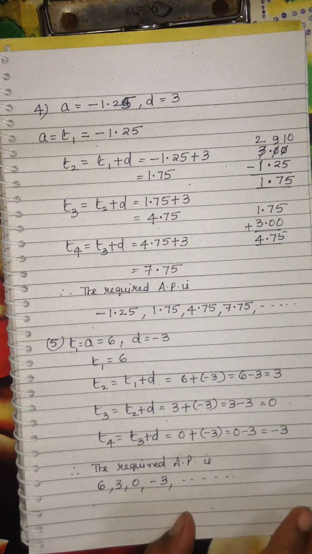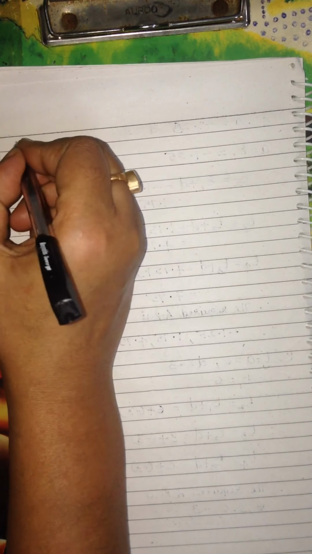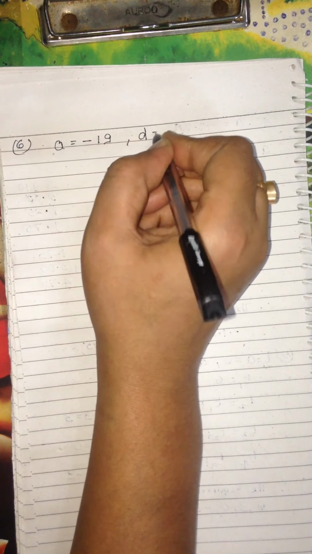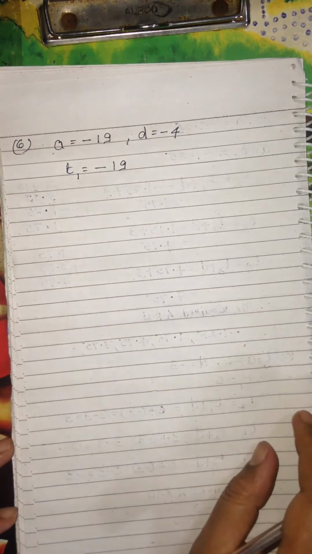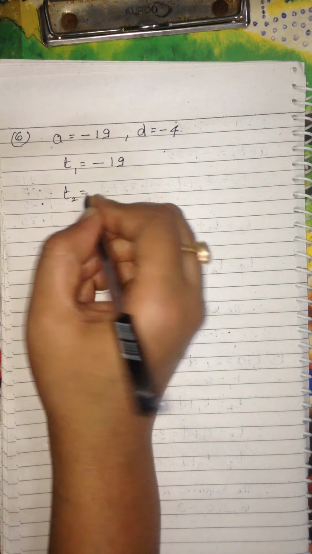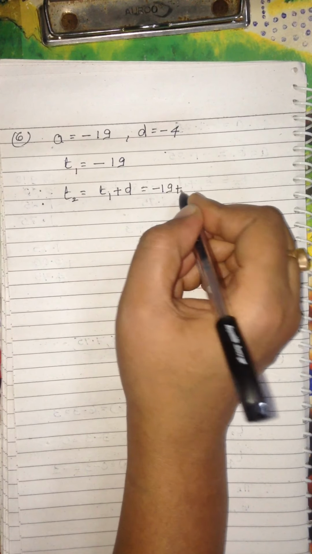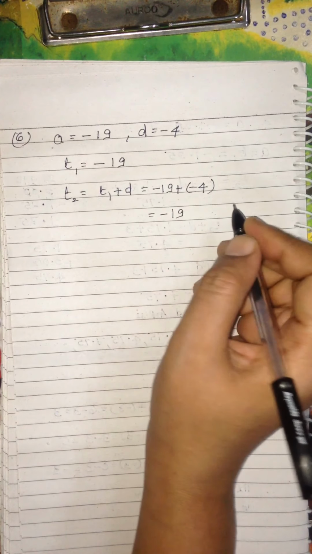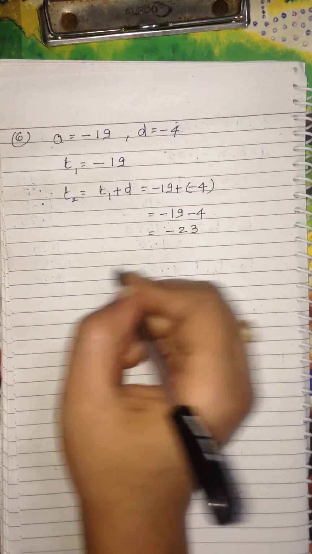You have to write it and see the last one of this question, that is question number 6, given as a is equal to minus 19 and d is equal to minus 4. a is given means the first term is given, the second term is t1 plus d, that is the first term plus d, minus 19 plus minus 4 gives us, be careful while you are taking this, minus 23.